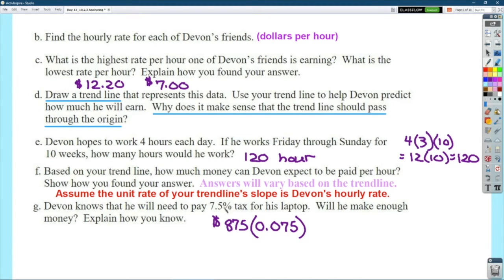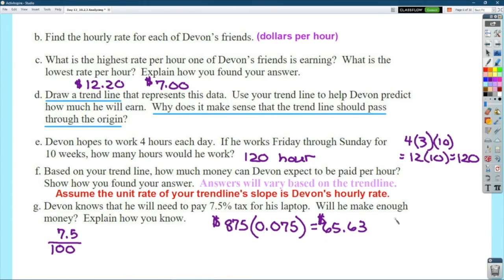Remember this is 7.5 divided by 100, and if we move the decimal point one place over, we get 75 thousandths. This will tell us the tax. So he's going to have to pay approximately $65.63 in tax on this computer.